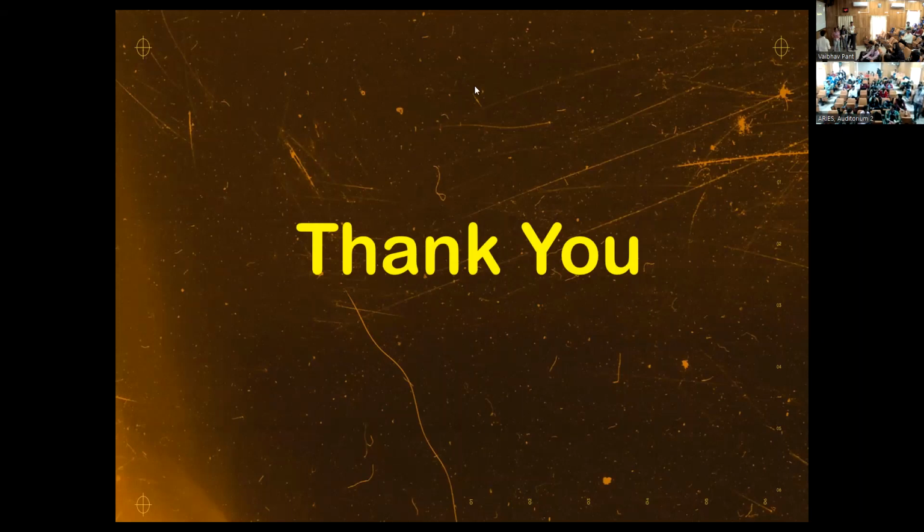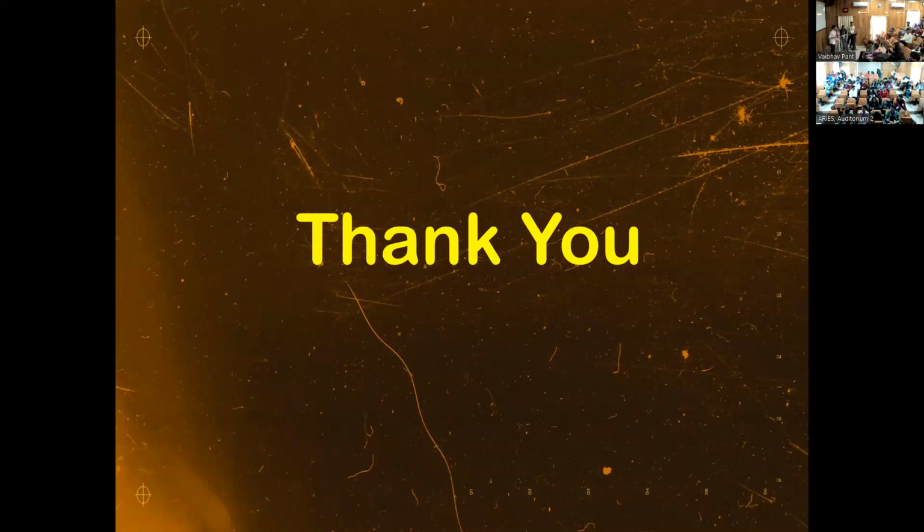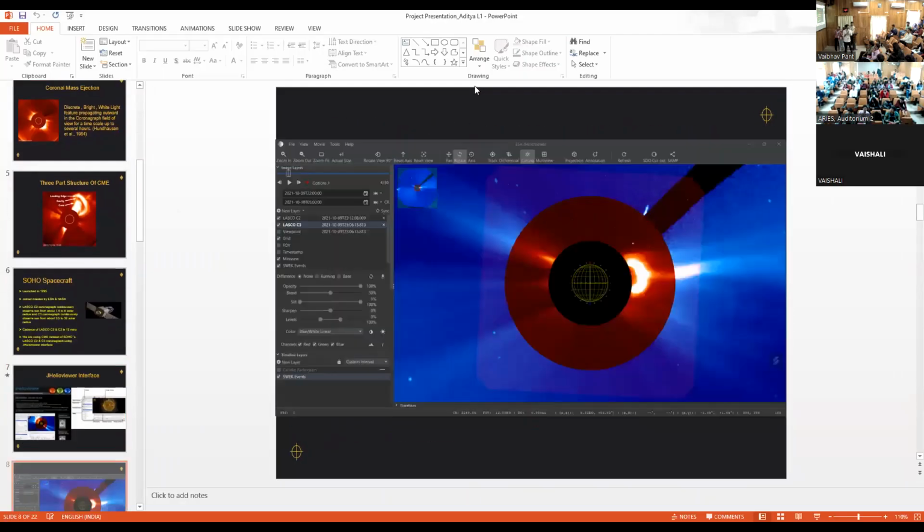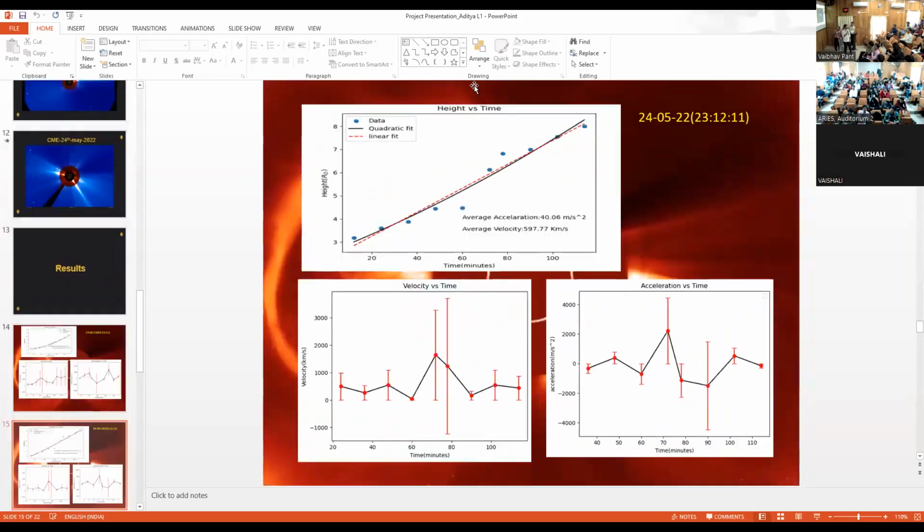So you said from the plots you calculated the instantaneous velocity and instantaneous acceleration. Which plots give those values? You have the height-time graph, velocity-time graph, and the acceleration-time graph. The acceleration-time graph gives us instantaneous acceleration, and the velocity-time graph gives us instantaneous velocity.